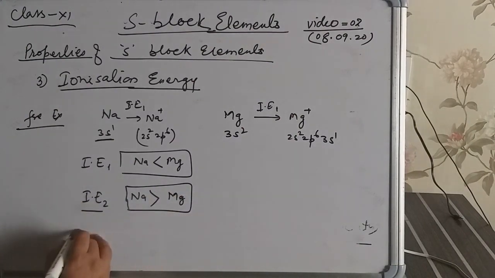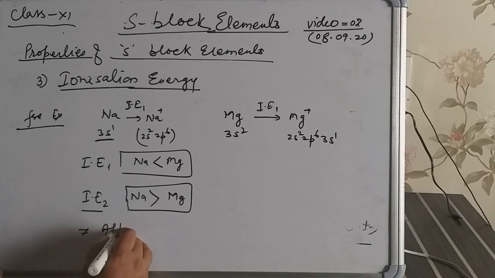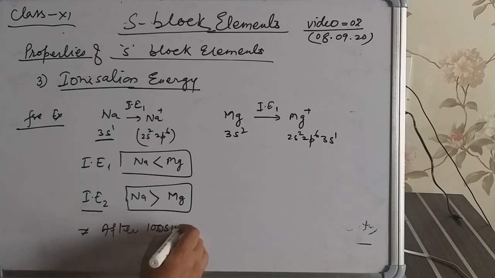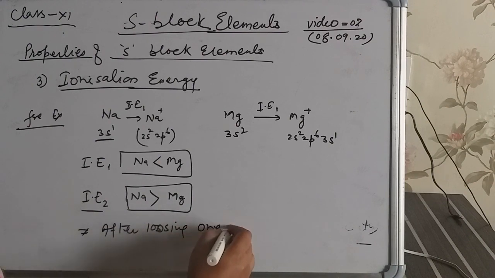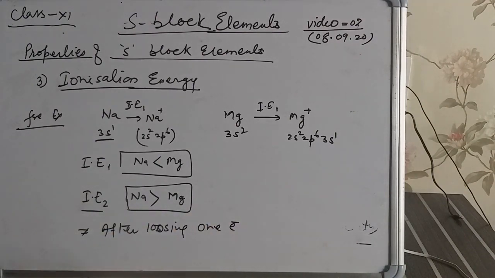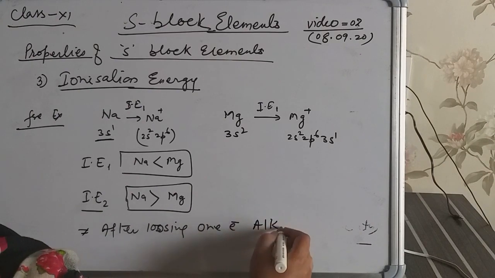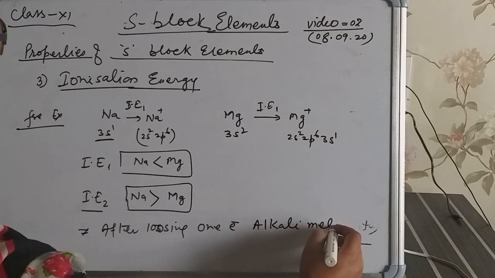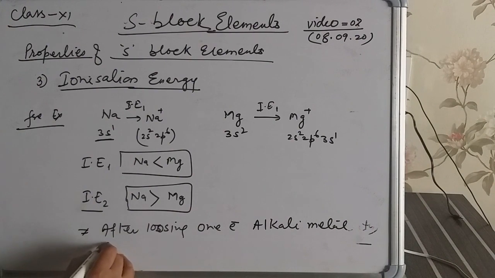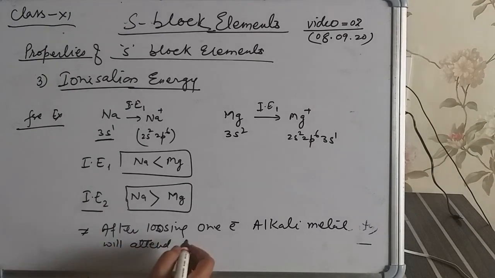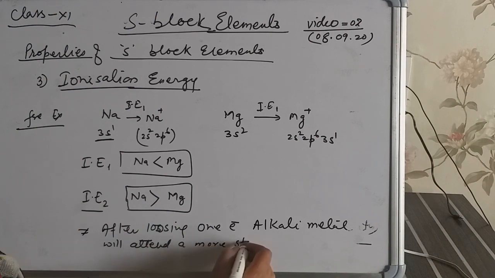So after losing one electron, the alkali metal will attain a more stable noble gas configuration.